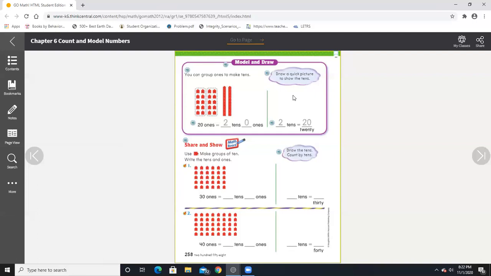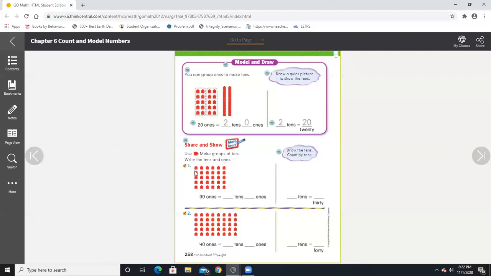So when you are instructed to draw a quick picture, you're going to draw a line to represent the 10. And depending on what numbers we're working with, that will determine how many lines you're going to draw. But in this situation, we have 2 10s, which means we need to draw 2 lines, and that represents the number 20.